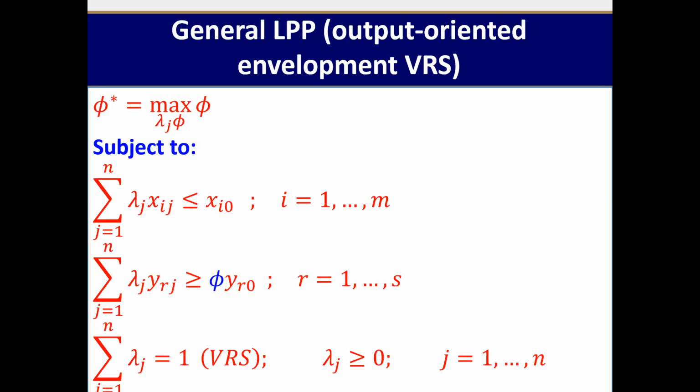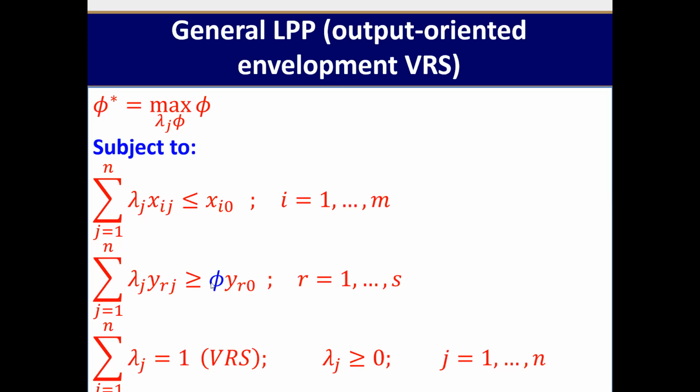The first constraint says that the weighted sum of all the inputs is less or equal to the inputs of the DMU under evaluation. The second constraint is that the weighted sum of all the outputs is greater or equal to the output of the DMU under evaluation. The phi is attached to the Y here because we are looking at output orientation.